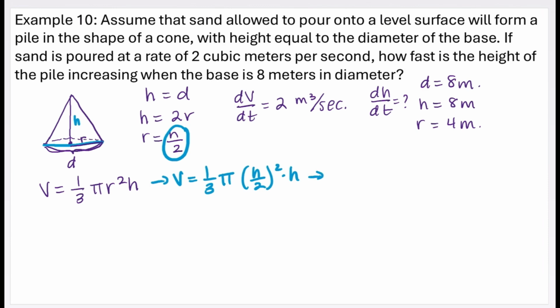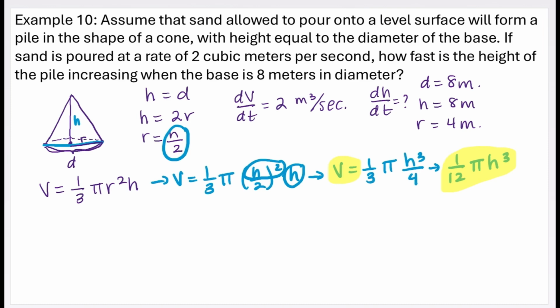I'm going to clean this up a little bit. So volume equals 1/3 pi h cubed over 4, because I have an h here and 2 h's there, and I also square the bottom. Then I'm going to put the 4 with the 1/3 and make that 1/12 pi h to the 3rd. So volume is equal to 1/12 pi h to the 3rd. For this particular shape. That's not for all cones.